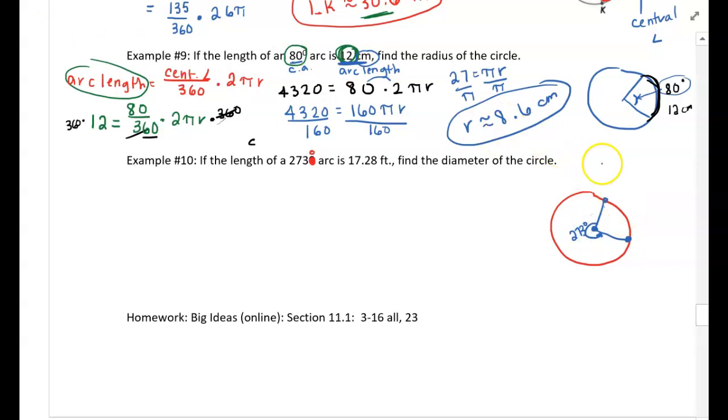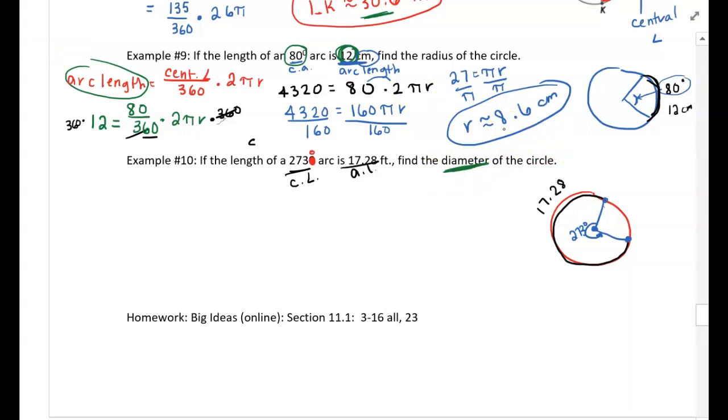And I know that the length of that, from here all the way around, is 17.28. So once again, this is my arc length, and this is my central angle. This time I want to find the diameter of the circle.